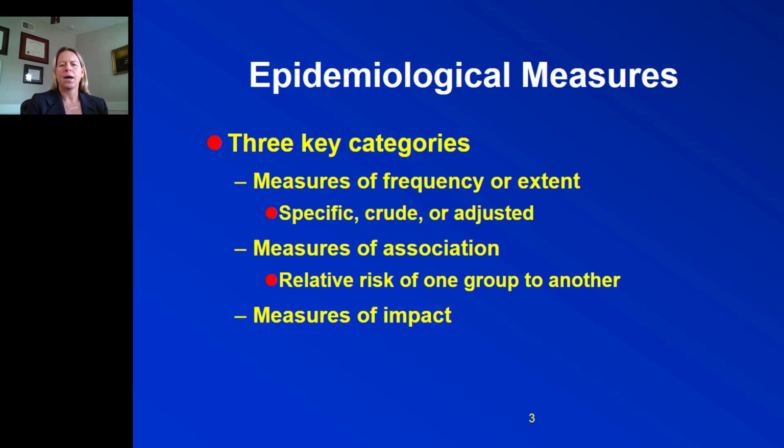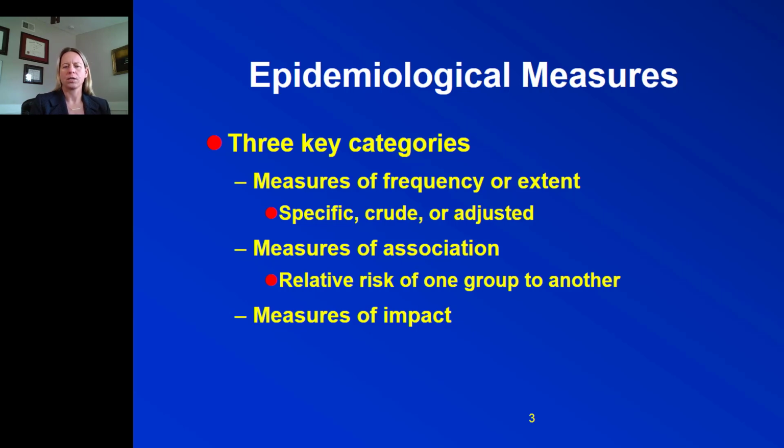Now, the three key categories for epidemiological measures are measures of frequency or the extent. So we're going to discuss these, but measures such as crude or adjusted measures of death, that would be considered a measure of frequency. A number of cases would be a measure of frequency. The next category is the measure of association. So this is when we're interested in looking at associations between one group to that of another.